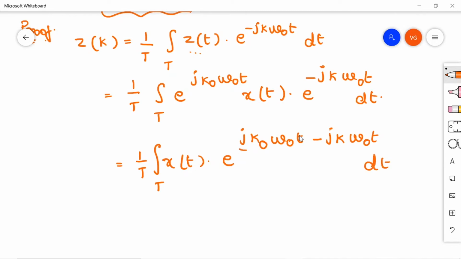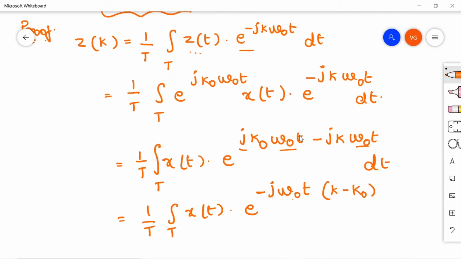So you have j omega naught t common, so you can take it out: integral x of t e power j omega naught t, and the remaining will be, the minus also you can take out because the Fourier series definition has e power minus jk. So minus j omega naught t, that will be k minus k naught dt.